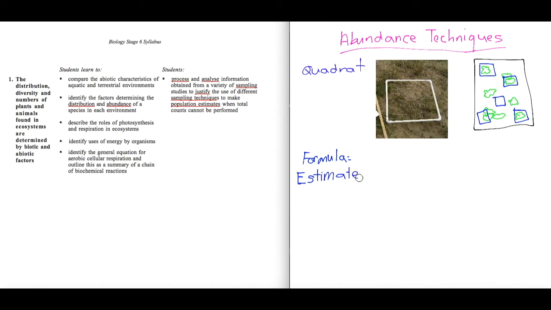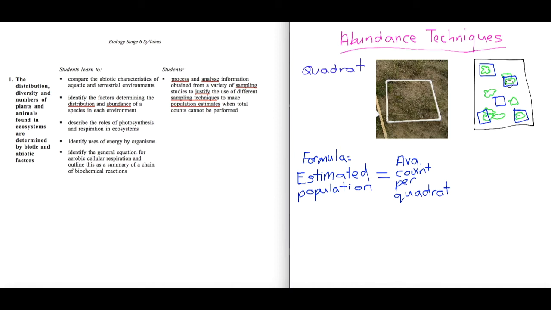So we use a formula to calculate the estimated population. Firstly, we need to find the average count per quadrat. What we mean by this is you would go and count how many of those green plants are in each of those quadrats and then calculate the average. For example, if we look at the first quadrat, there's one plant. The second quadrat, there's another plant. The third quadrat, there's no plants. Now in the fourth quadrat, there's less than half the plant in there, so you would actually count that as 0.